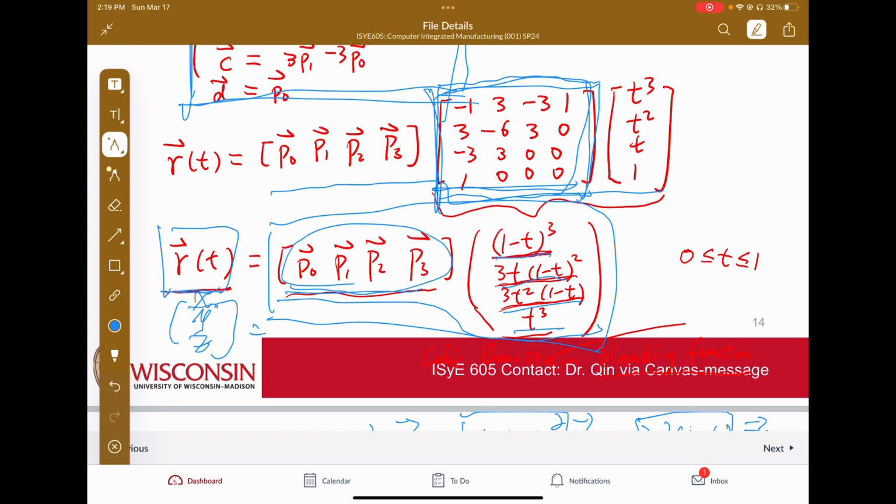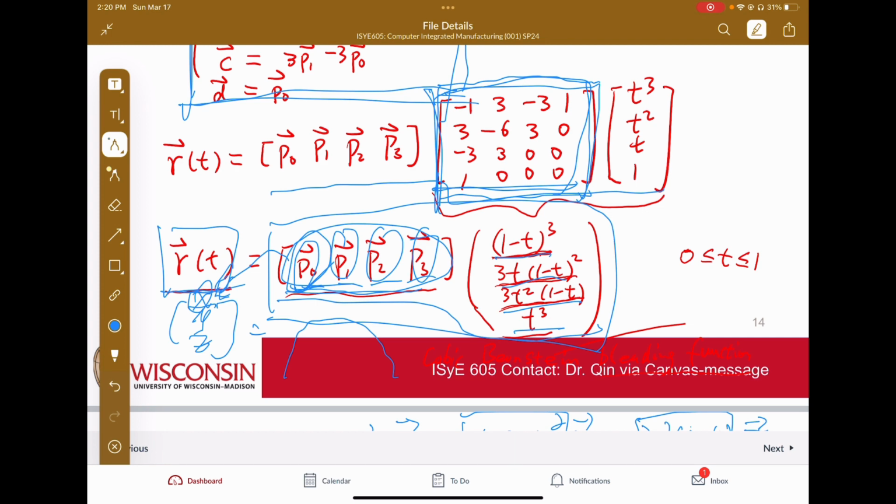So every x value from these points contributes to this x. You change either one of them, 0, 1, 2, or 3, and all will affect the final value of x for each t. So that means you change 1 point, you change the curve shape.